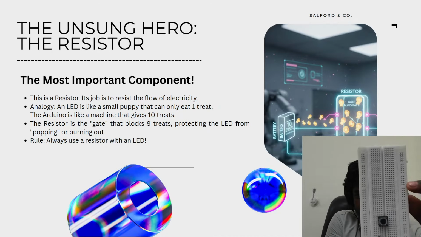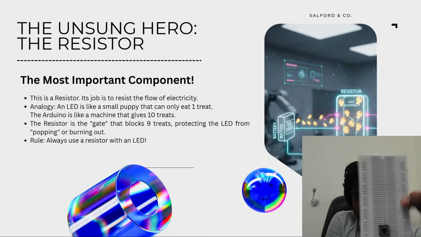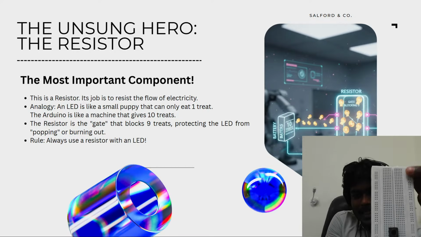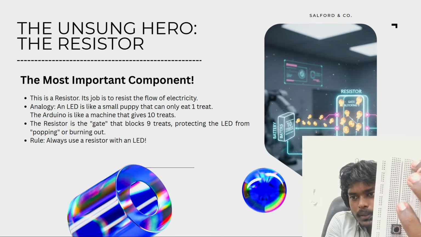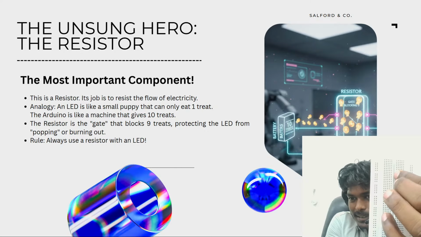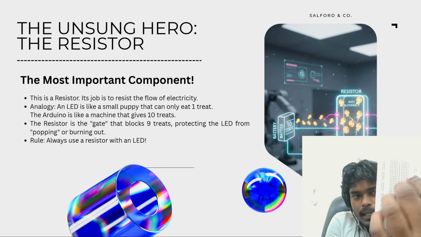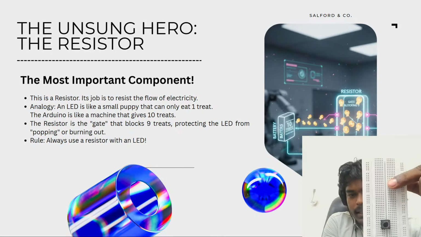So here in this breadboard, you can see some of the holes are parallel, which means they are connected in parallel. And some of the holes are connected in the form of series, you can say. They are horizontally connected. These holes in the middle are horizontally connected with each other.